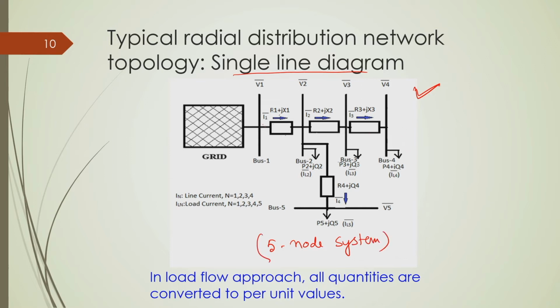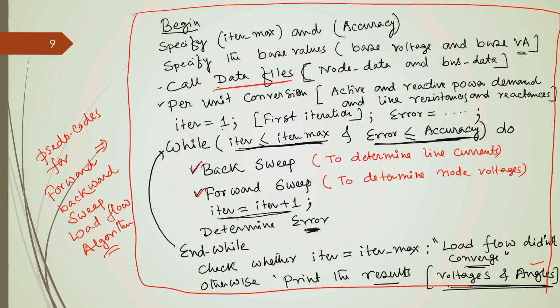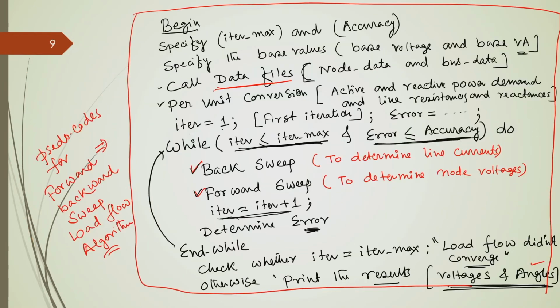So, we have node 1, that is the substation, and all other nodes are connected to customers or loads. Okay. This is illustrated so that you can understand the whole operation. I already took this example here, and I hope it is understood, and a similar example is given in pictorial form in this particular slide.